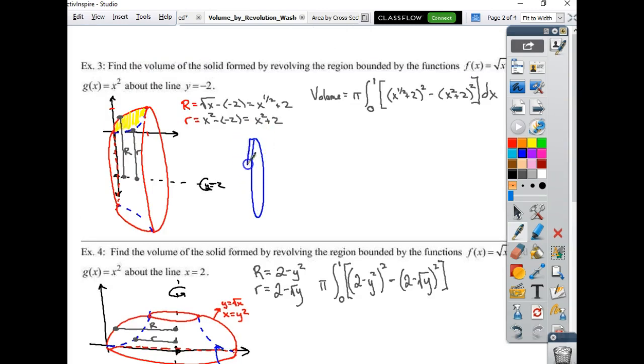Maybe it looks kind of like this, with your little hole somewhere in the middle and a height of some sort of dx, and we're always trying to label what that d something is. But the cool thing about a disk is that the disk is always a circle, every single time.